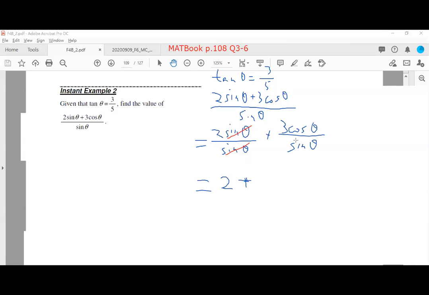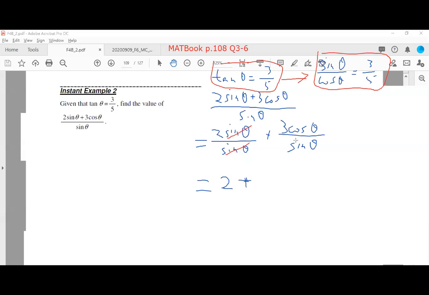We know that tangent theta is equal to 3 over 5, right? Which means that sine theta over cosine theta will be equal to 3 over 5. Can you see this? Okay, just change the tangent theta to be sine theta over cosine theta.